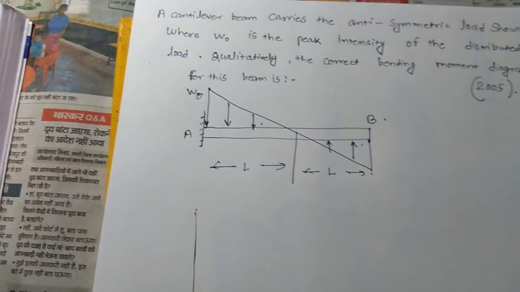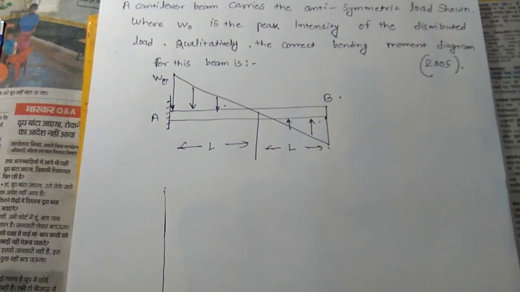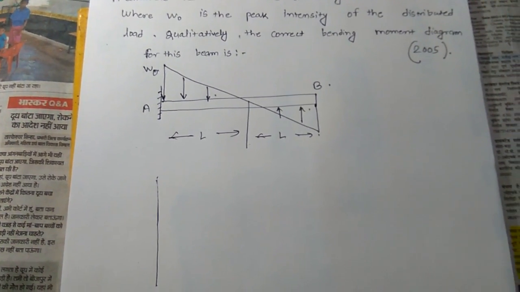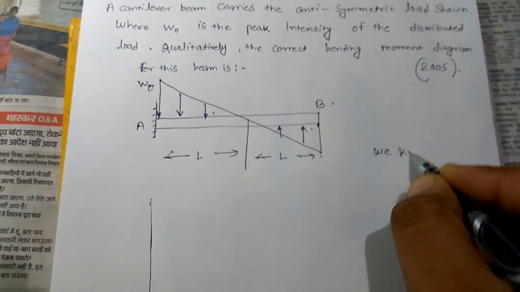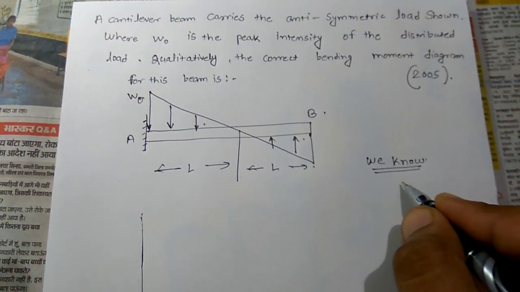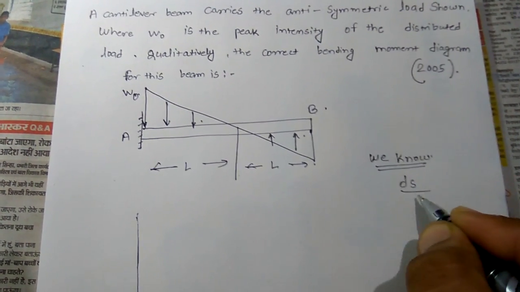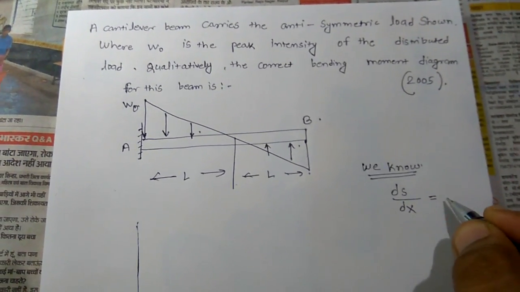You have to understand the basics of the bending moment and shear force diagram. We know the slope of the shear force diagram with respect to the length x gives the load.